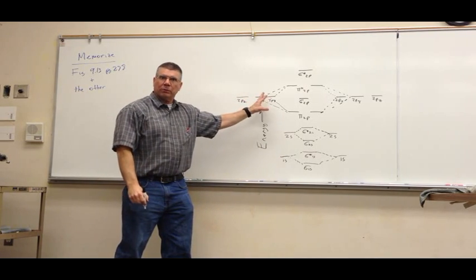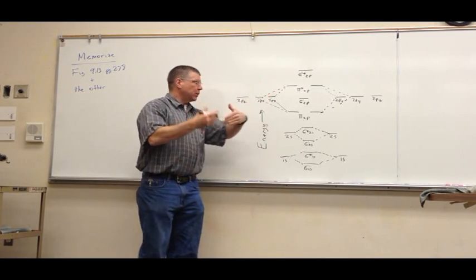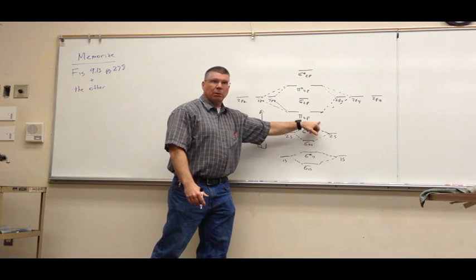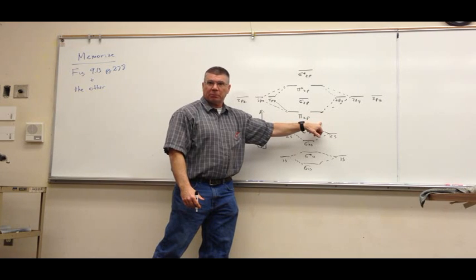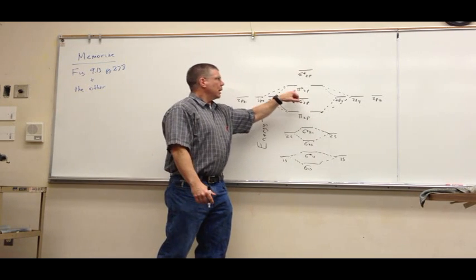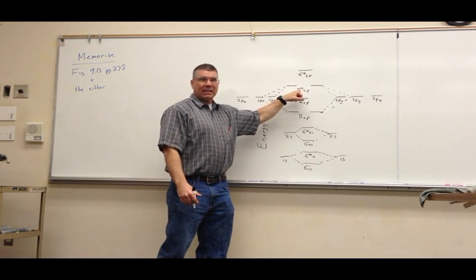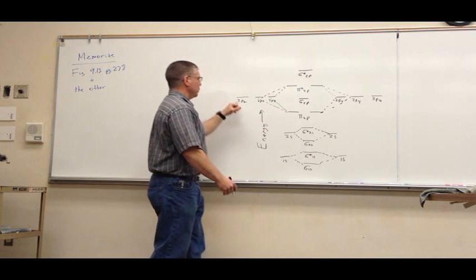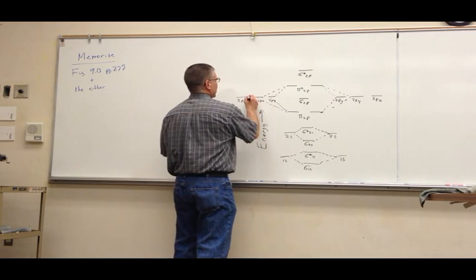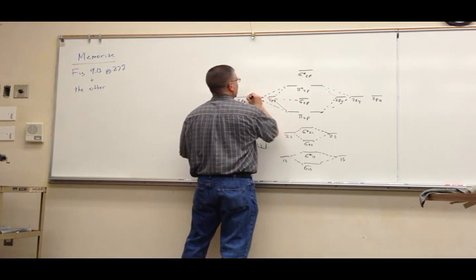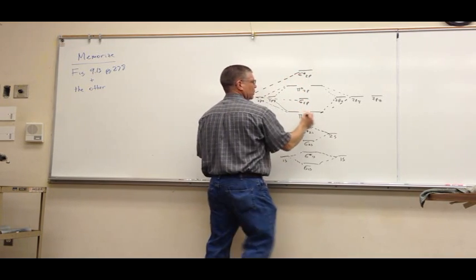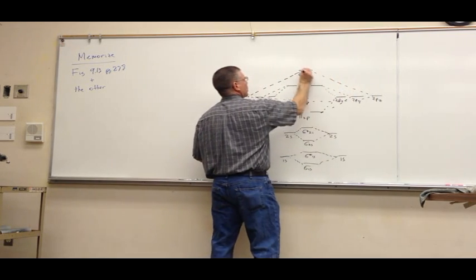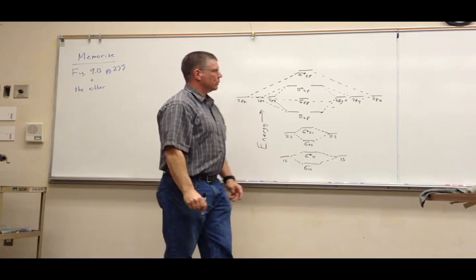Do you see what I'm showing here? The 2px and 2py mixed together make the pi 2p. These are bonding, but pi bonding molecular orbitals as opposed to what we call sigma. And also the pi star, the pi anti-bonding 2p molecular orbitals. And then the 2pz's combine to make sigma 2p and sigma star 2p.